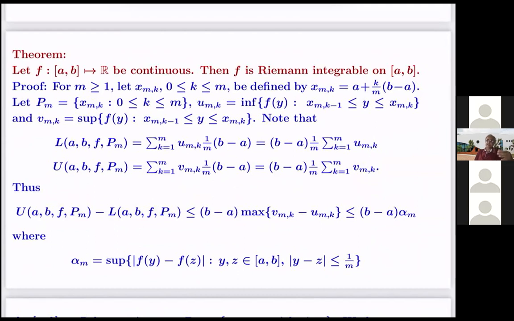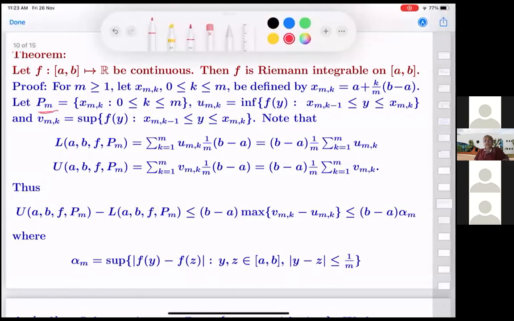And once again, the proof can be written in many different ways. So this morning I thought of writing it in this format, but you can come up with different formats. All right. So for every integer m, let us write xmk to be these points. So I am taking Pm to be m plus 1 points of equal length. The length between successive ones is 1 over m.